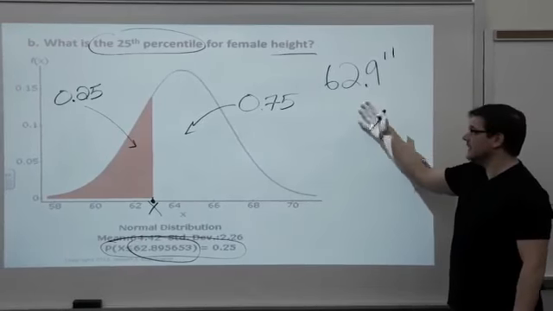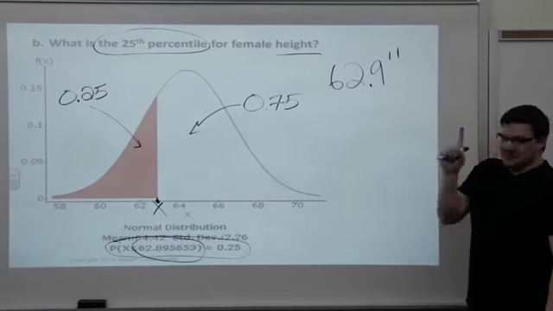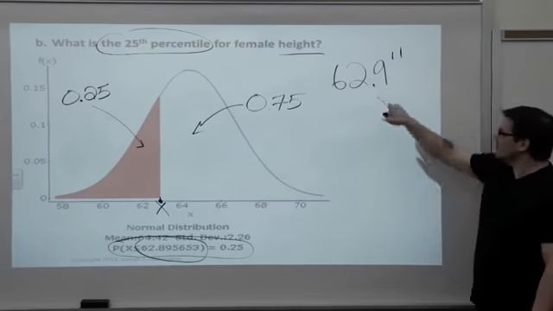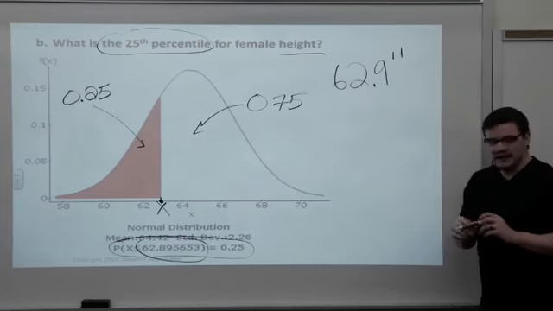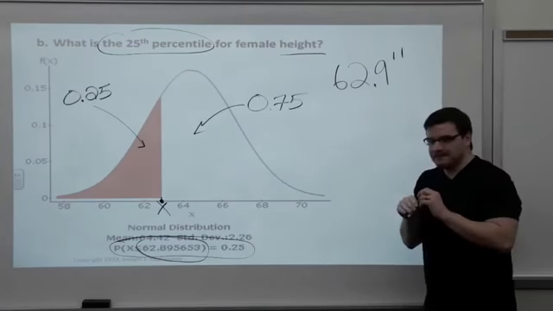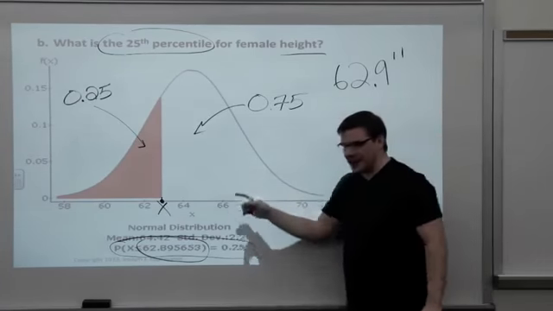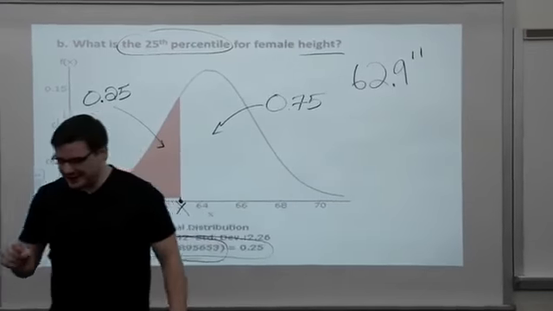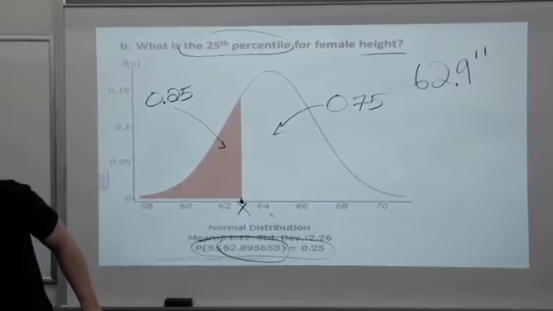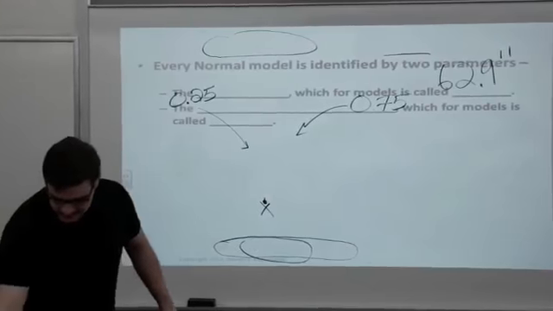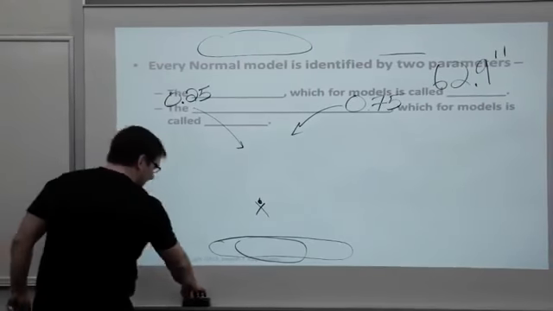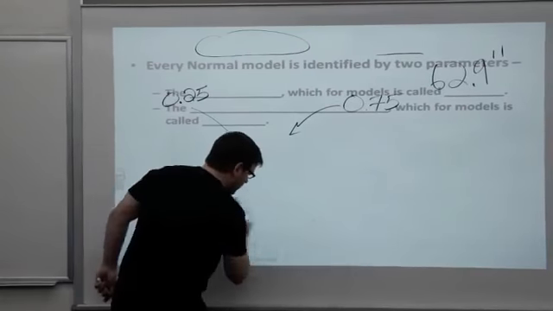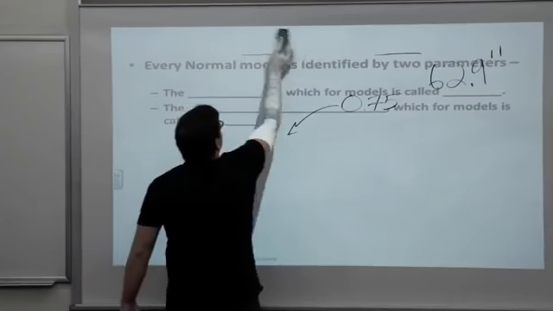Okay, so if you're a female in the Baltimore area, based on this model, we're calling 62.9 the 25th percentile. All right, we'll use this tool often. It's sort of the only way to get the answer for these questions at this point. All right, a couple of definitions on the last page, and then we'll end this video here.